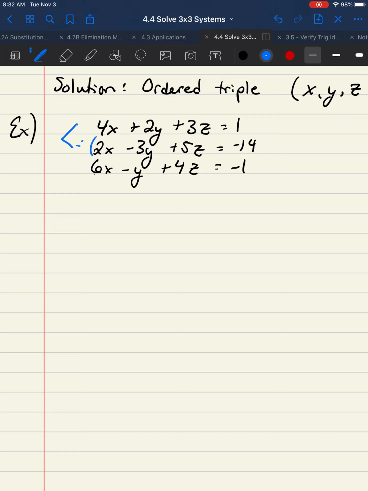So I have a 4x and a 2x. Well, if I multiply this by -2, my x's will cancel. I'm not touching the top one yet.